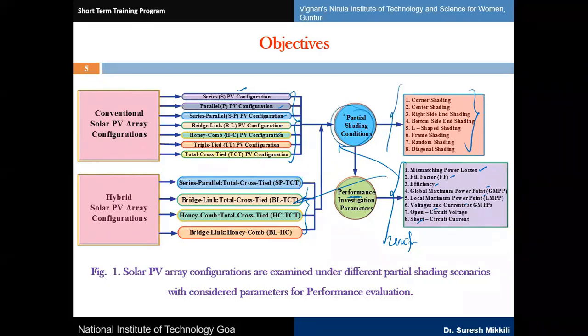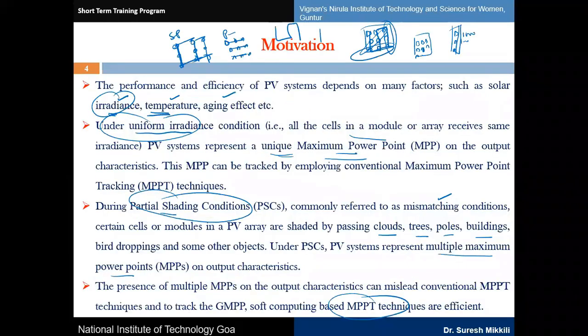There are different partial shading conditions, as I said. Now, I have taken one series configuration, and all these parameters will be considered under uniform condition, and also during corner shading and central shading. Corner shading means that when the PV modules are taken, one corner is shaded. Center shading means the shading happens at the center.